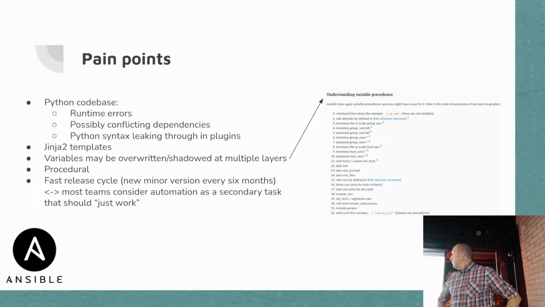Sometimes when you're using plugins, like filters for text manipulation, the Python syntax is leaking through. You have to understand how Python handles strings, or integers or floats. It mainly holds true that you only need to know YAML, and you don't have to know a lot of programming to work with Ansible, but it helps if you do.